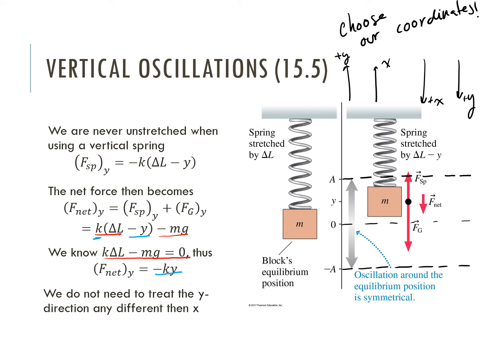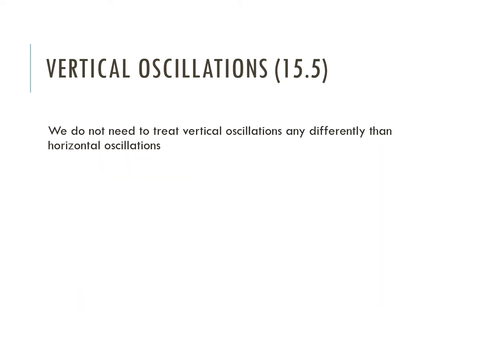Doesn't matter. It's going to behave the exact same way. So again, I will repeat this as many times as it takes. We can treat vertical and horizontal oscillators the exact same way. And so this is really nice because by using a vertical oscillator, this is a lot easier to visualize.